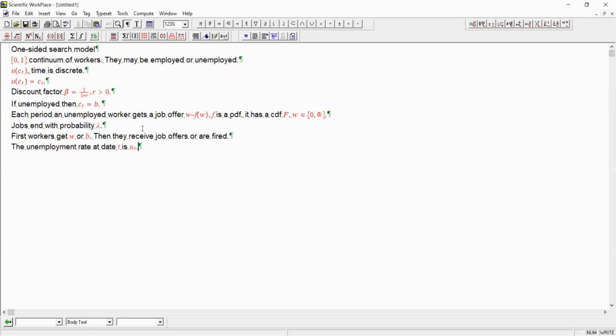Now let's write down the value functions for these folks. We're going to have two value functions. If you're unemployed, then you're going to get V_U. So unemployment is your state.